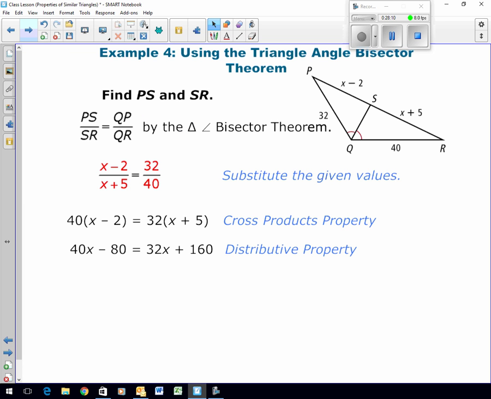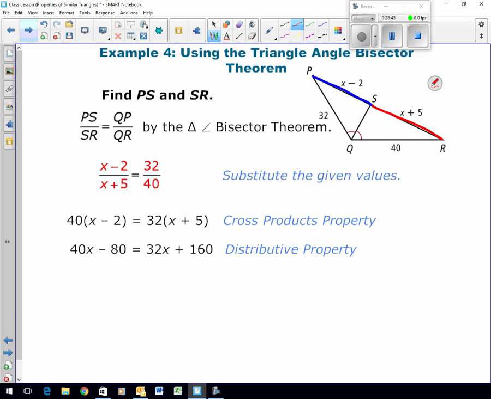Right? Here would be an example. Let me show you how to even set it up. Okay? If Q to S is an angle bisector, think about this. X over 2, we're going to put it on top, right? We're going to put it over the other part of the bisector section, which would be X plus 5.